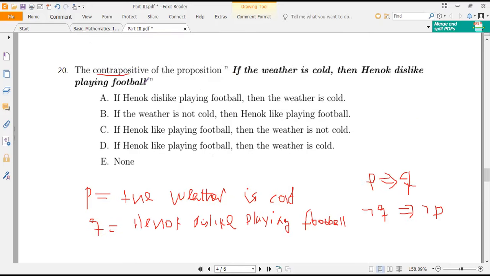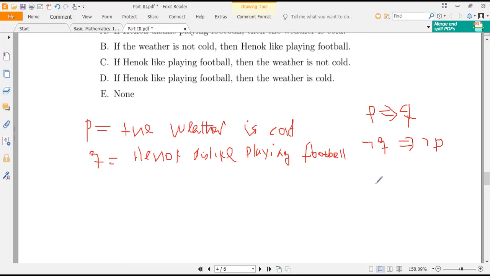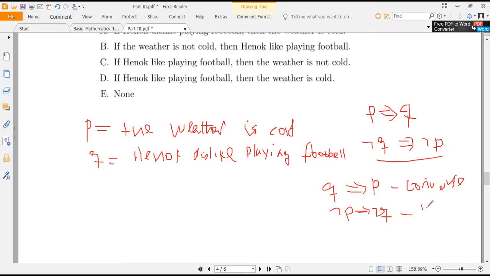To say something about the converse and inverse of a conditional statement, we are given P implies Q. Q implies P is the converse, and the inverse is negation of P implies negation of Q. The converse of the inverse, or the inverse of the converse, is the contrapositive, which is negation of Q implies negation of P.